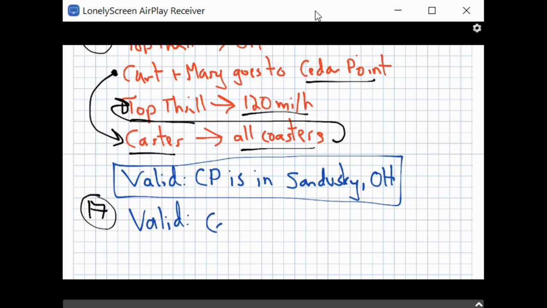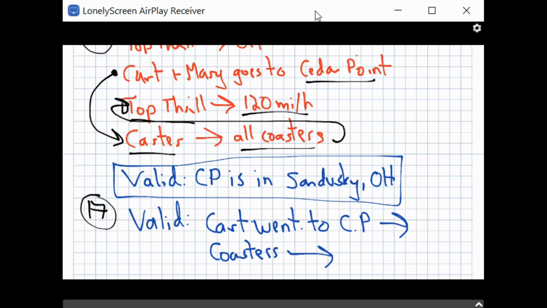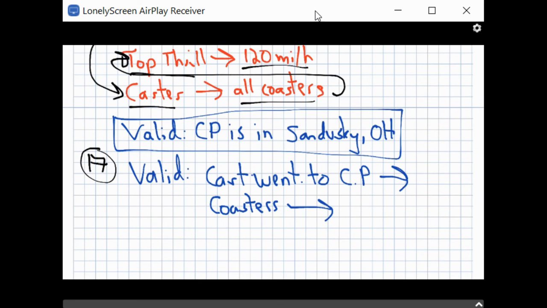But yeah, we know Carter went to CP. That means that he went on the coasters, which means he went on Top Thrill, which means he went 120 miles an hour.